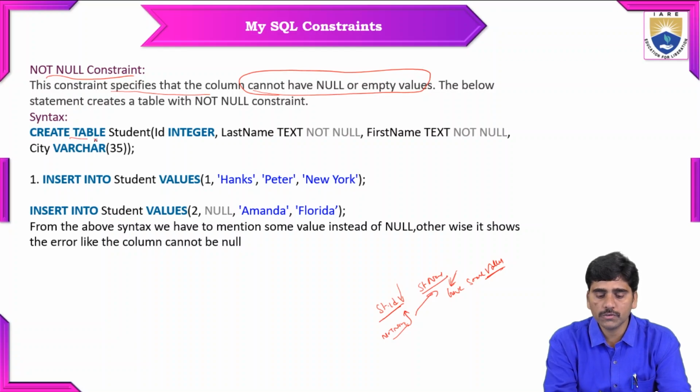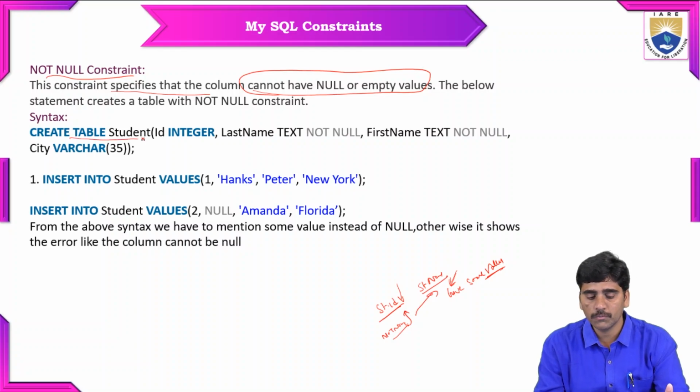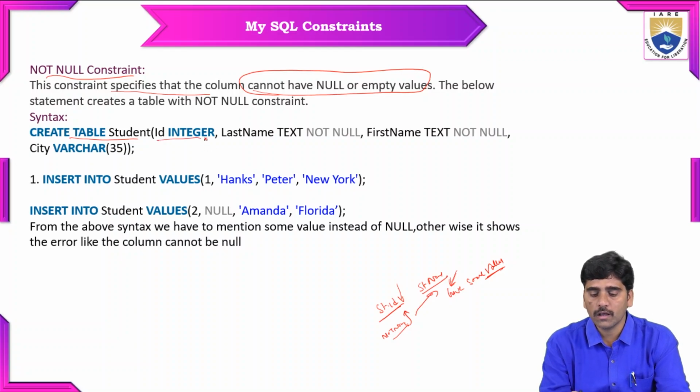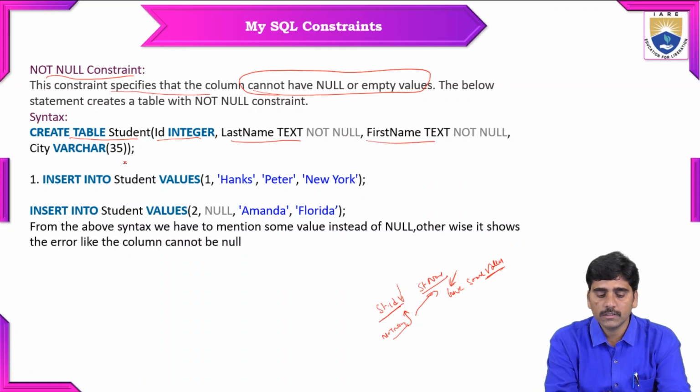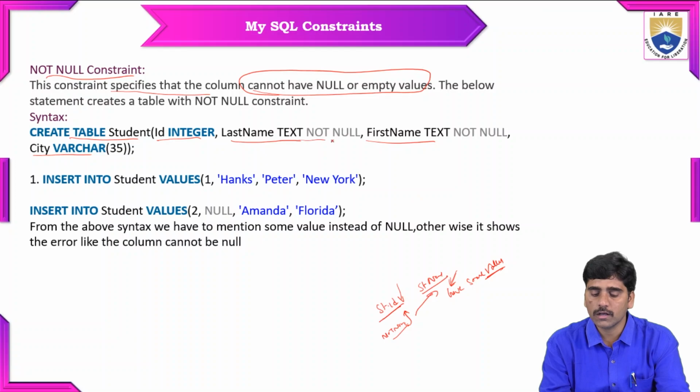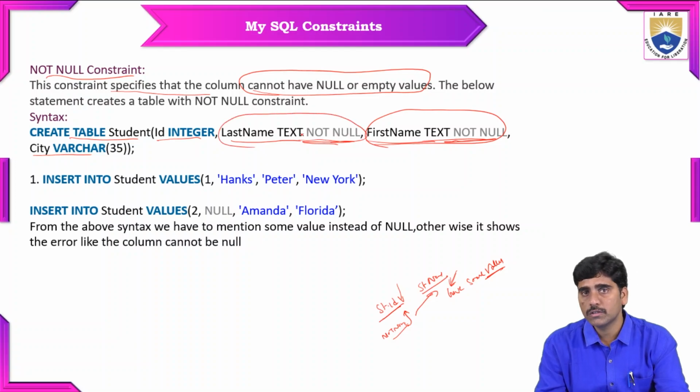Create table student. So we are creating the table called student. In that, ID is one column, last name is one column, first name is one column, and city is a varchar data type. Among these four columns, I applied a not null constraint to two columns: first name as well as last name.